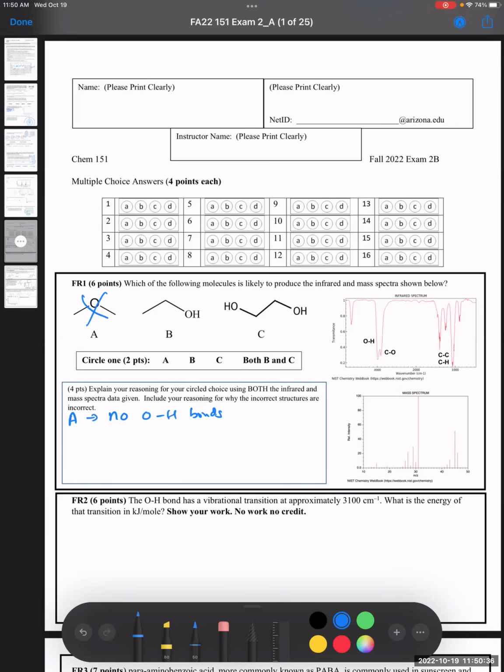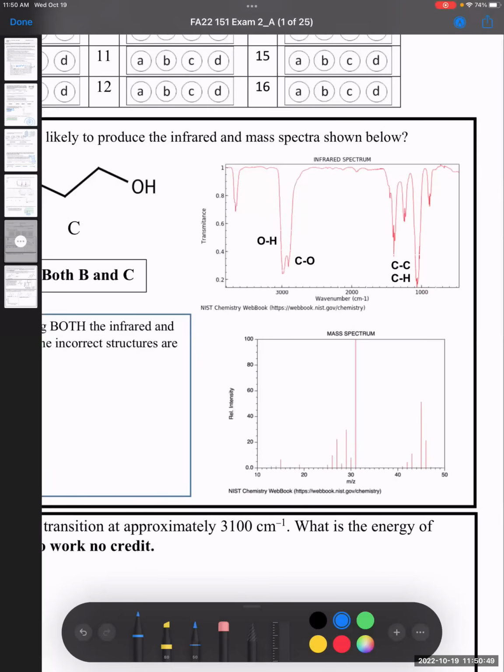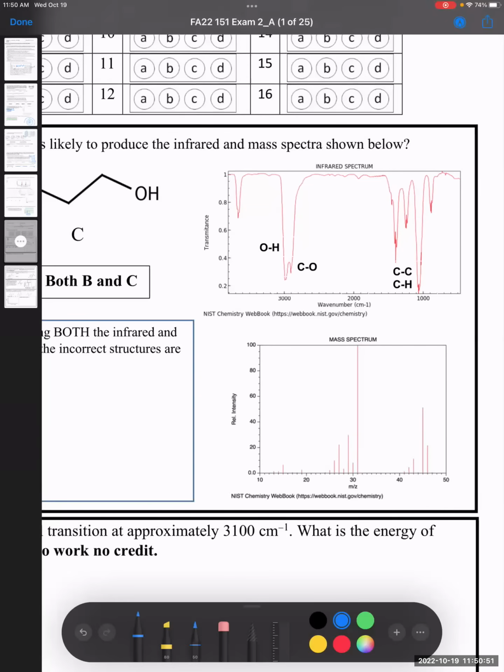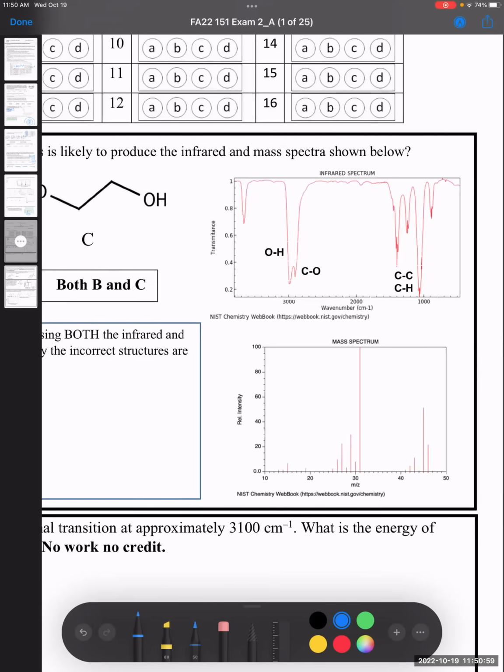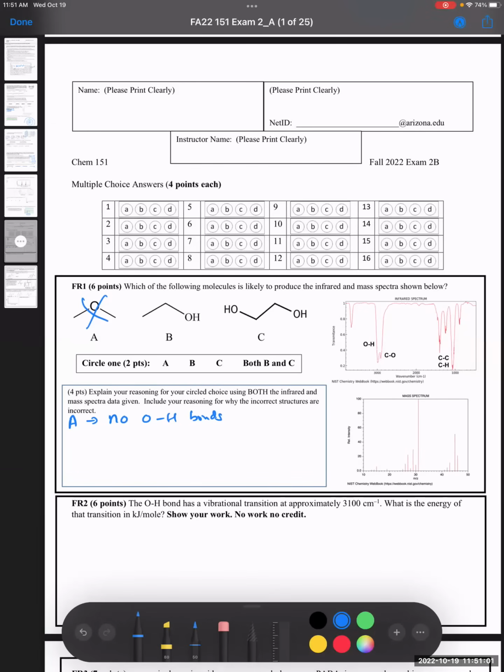However, we have another piece of information over here, and that is the molar mass information. So molar mass wise, I would pick 46 as the molar mass of this compound, 46 grams per mole.